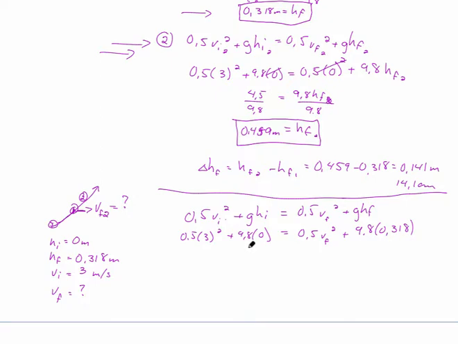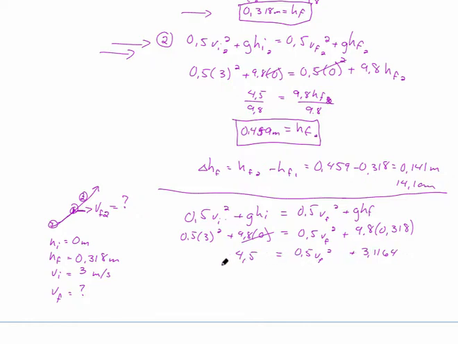So when I do these calculations, this is 0, so I'm left with 4.5 is equal to 0.5 V final squared plus 3.1164. Okay, and do keep as many decimals as you can until the very end.